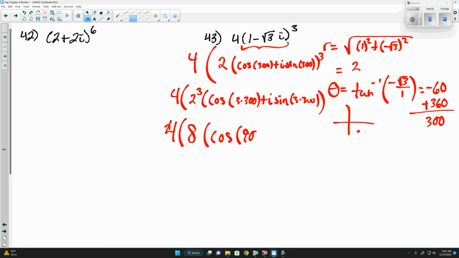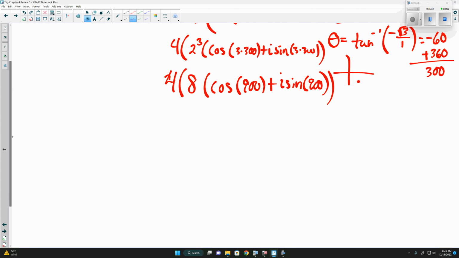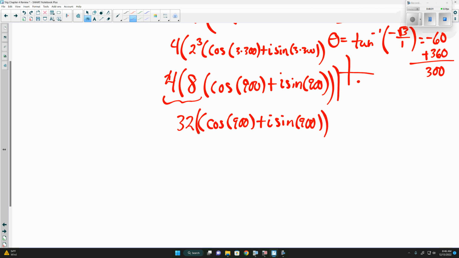Cosine of 900 degrees plus I sine 900 degrees. I probably need one more parenthesis. But the last thing we can do is multiply. 8 times 4 is 32. Cosine of 900 plus I sine of 900.